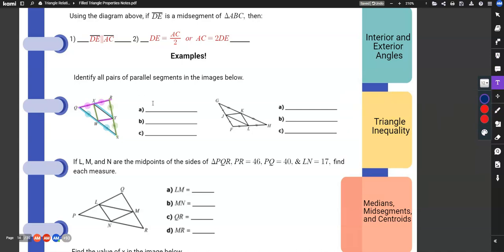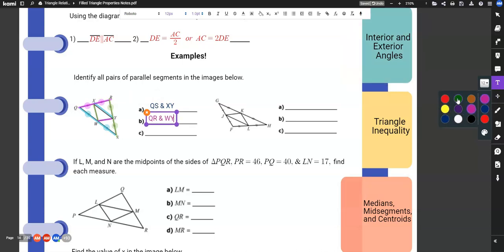So the first thing I'm going to put is segment QS and XY are parallel. And then we have segment QR and segment WY are going to be parallel. And finally, we have segment RS and segment WX.